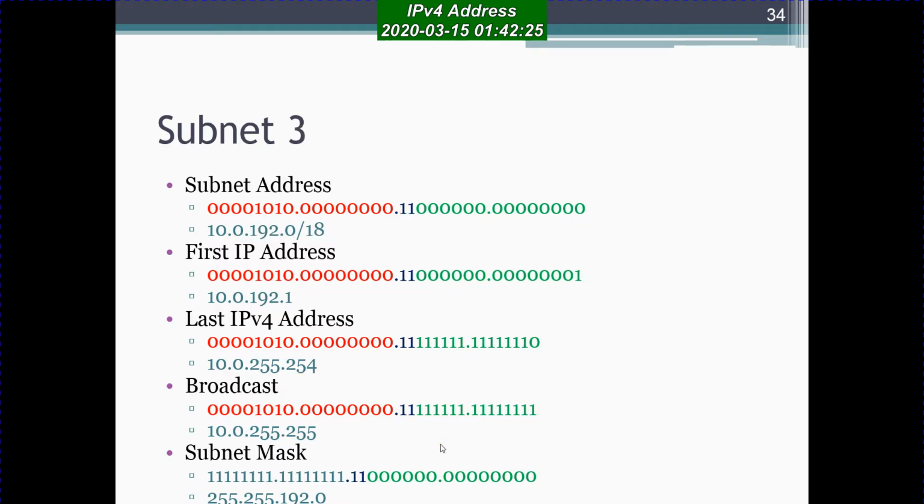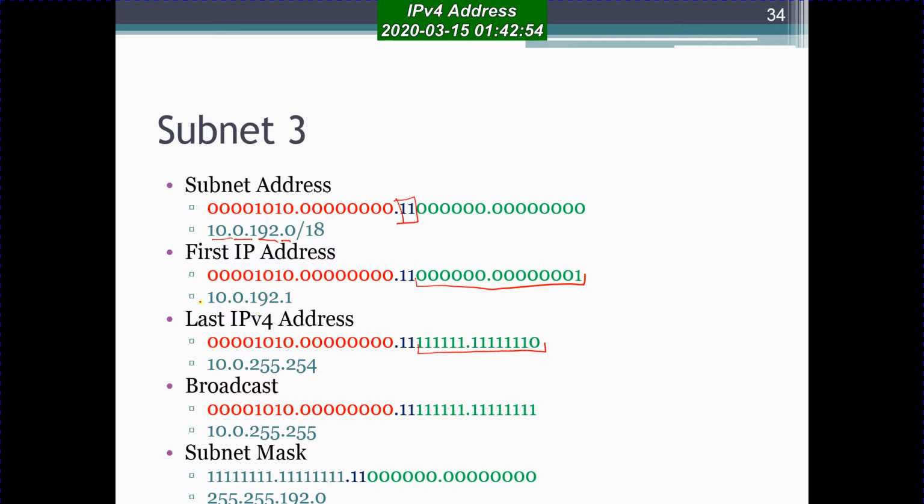And the same story with subnet 3. Set the bits in the subnet field to 11 now. Convert back to decimal, it becomes 10.0.192.0/18. So this is the address of subnet 3, and then the first IP address is built by adding the minimum value in the host address field. The last IP address is built by adding the maximum value in the host address field.